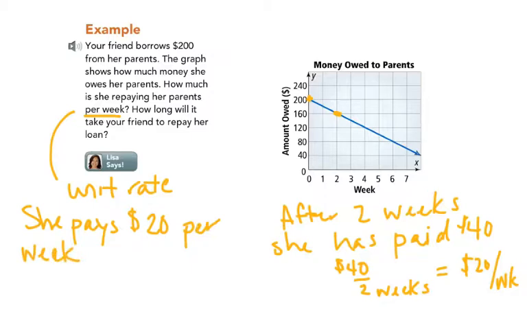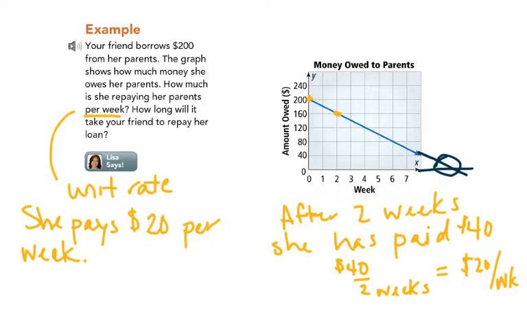And then I'm asked how long it will take to repay her loan. So normally I would just look at the graph when it hits the x-axis, but obviously I don't have my graph extend that far. So let's do a little calculation instead. We know that she owed $200 and she pays $20 per week.